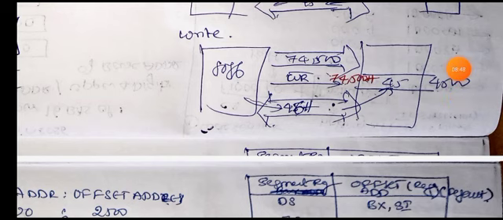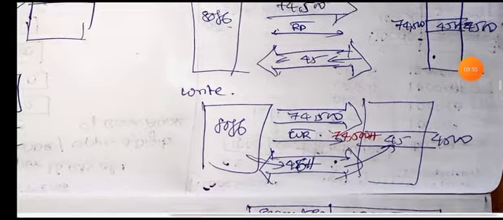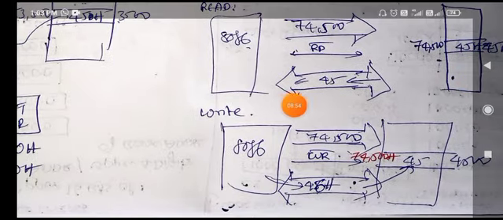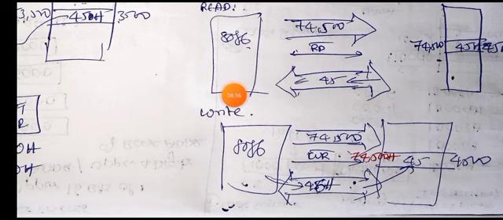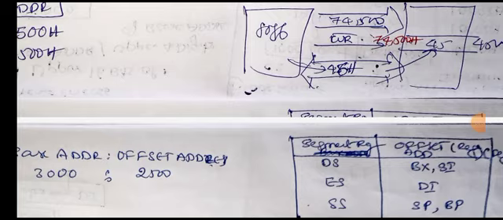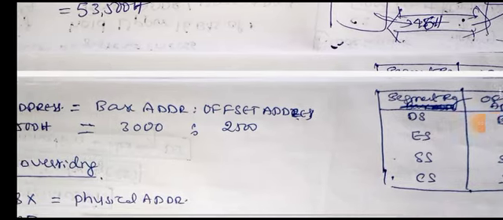So in all four segments, we have seen there is no physical address given directly. The offset address is added to the base segment register. After padding 0, it will generate a 20-bit or 5-digit physical address. So this is about the generation of the physical address.